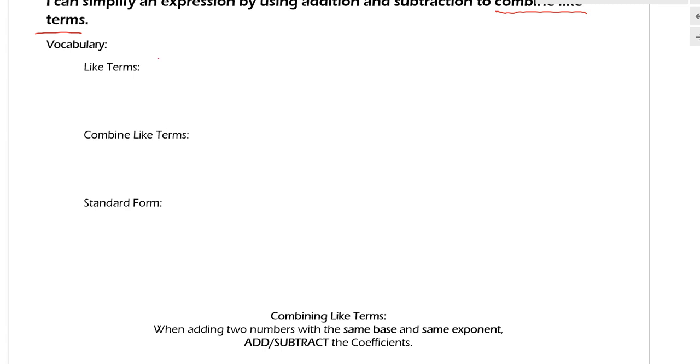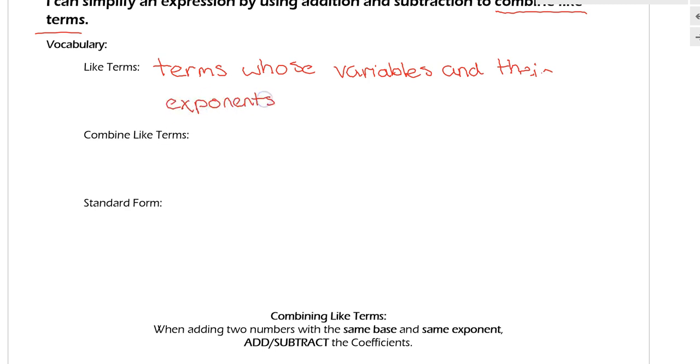Like terms are terms whose variables and their exponents are the same. Okay? Variables whose terms and exponents are the same.